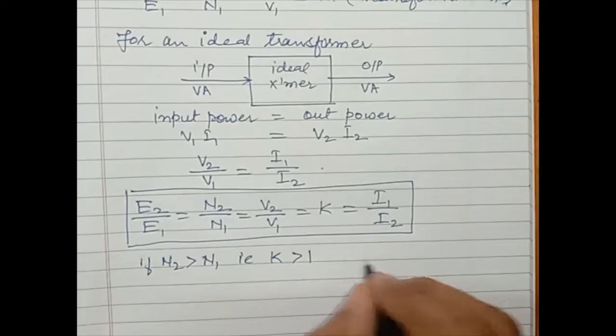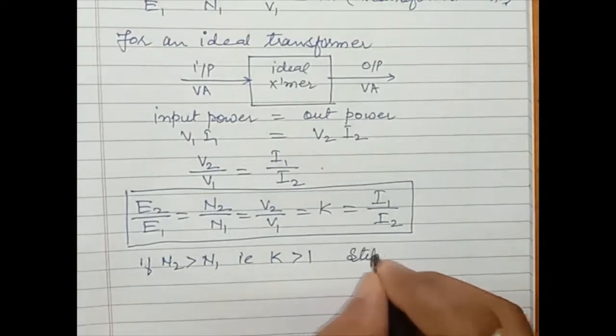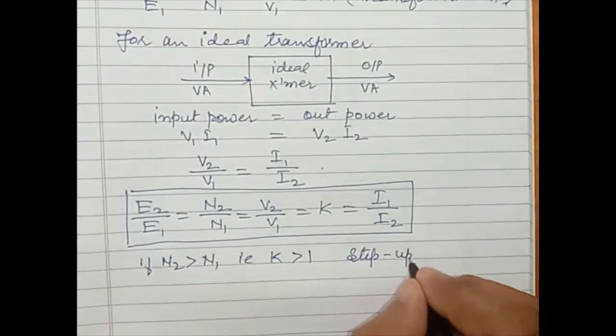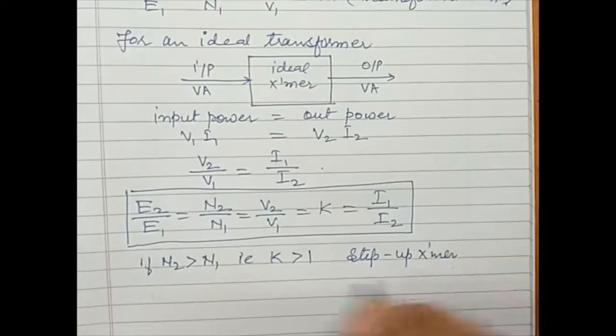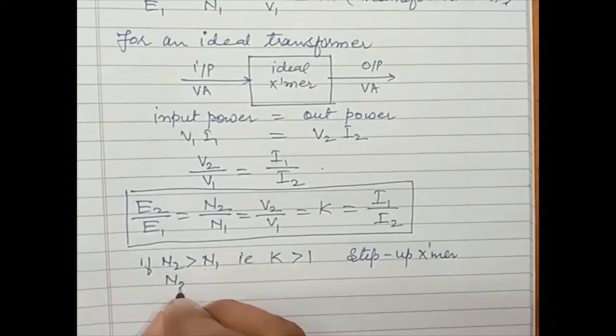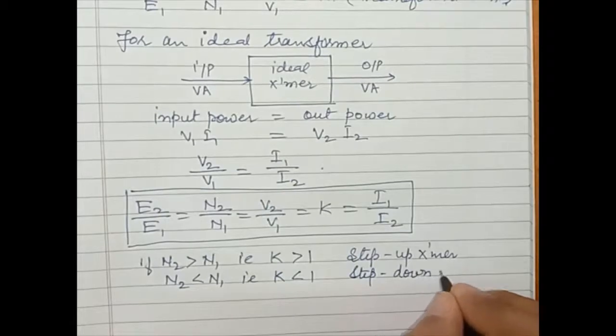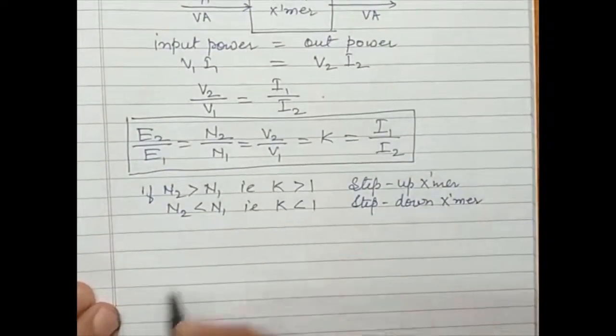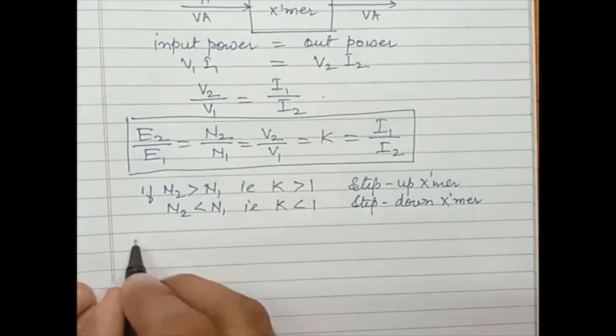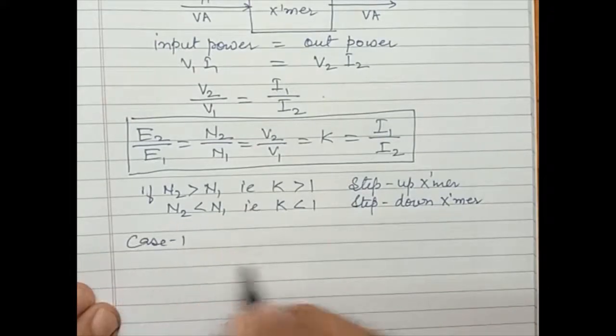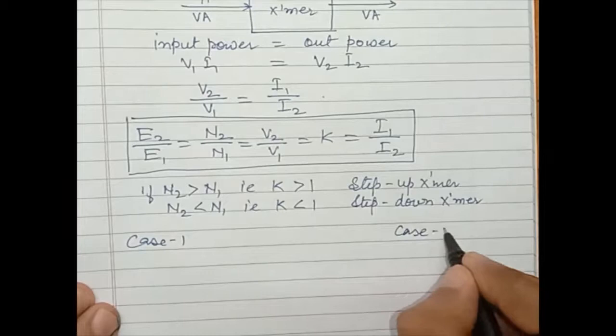If K is greater than 1, it is a step up transformer. If N2 is less than N1, that is K is less than 1, it is a step down transformer.